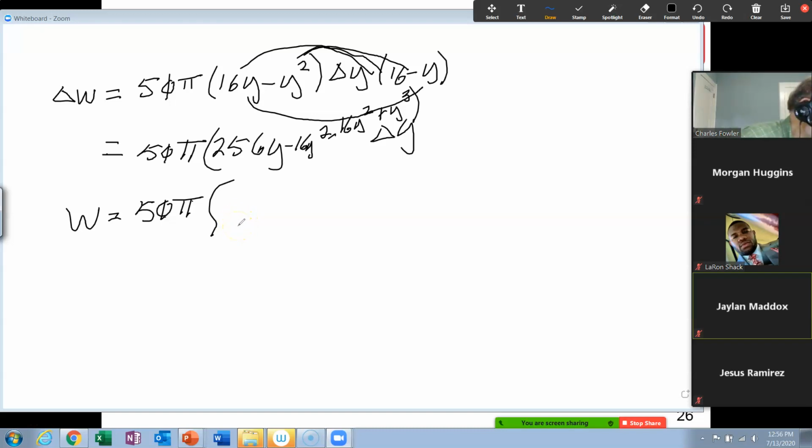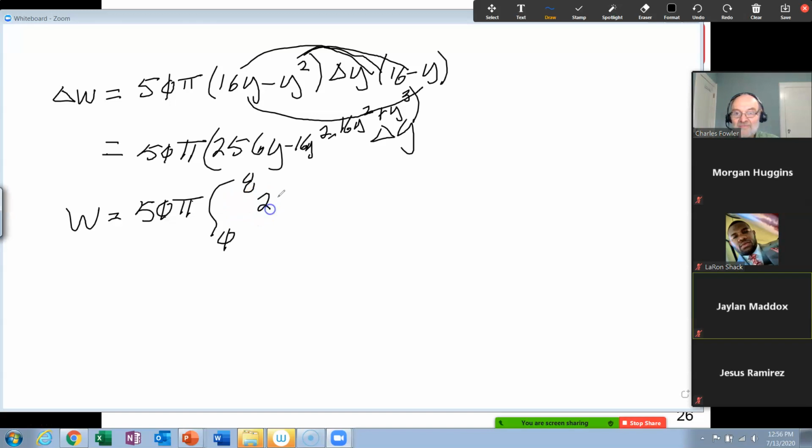Okay, now that's rather strange. The book writes it 0 to 8. In reality, you're really doing 8 to 0, but we'll do it the way the book did, 0 to 8, and then this is your integrand.